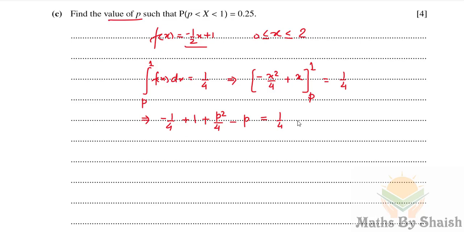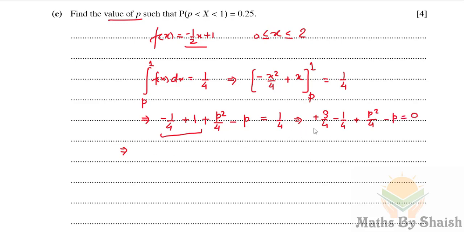So let's bring everything to one side. It is minus 1 by 4 plus 1, so 3 by 4, and this 1 by 4 becomes minus 1 by 4 here, plus p squared over 4 minus p equals 0.